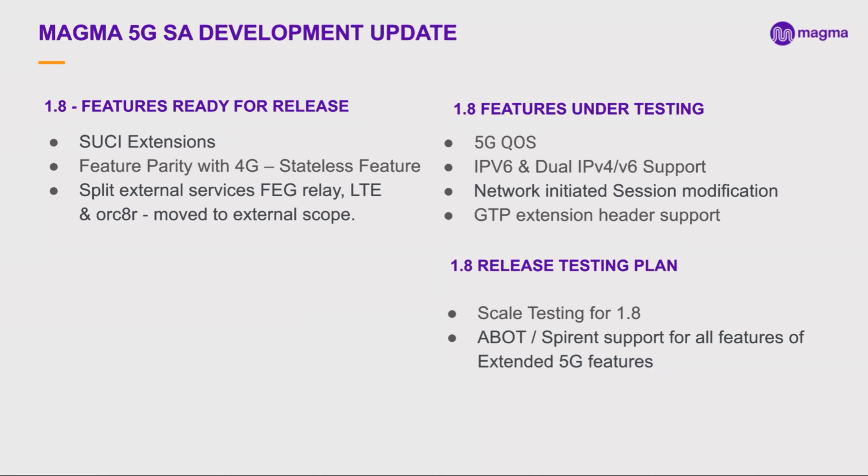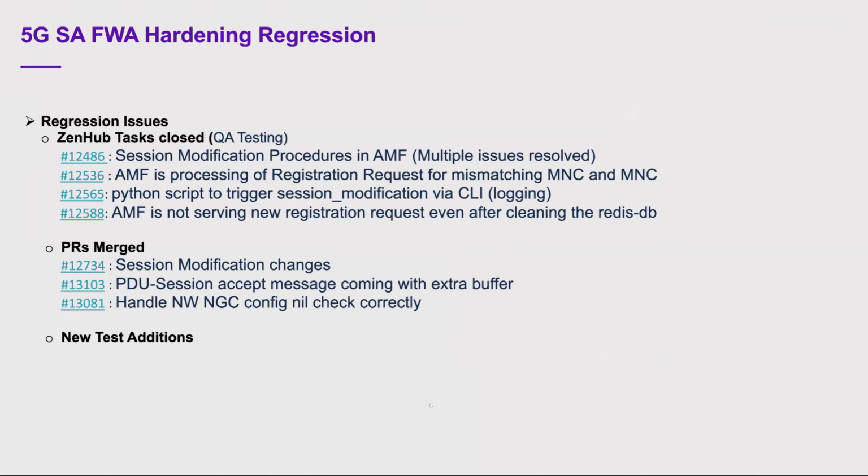Other than this, the team is working on ongoing testing for 5GSA, hardening the feature, and working on all the testing in the CI. This is from the defect fixing and hardening perspective, all the issues coming from regression testing and all the issues which are getting merged are highlighted here.